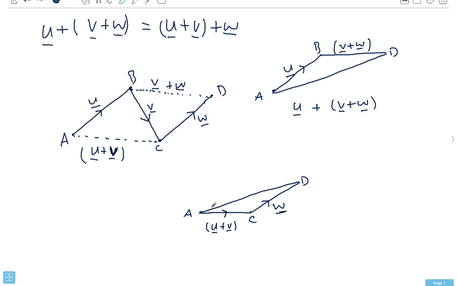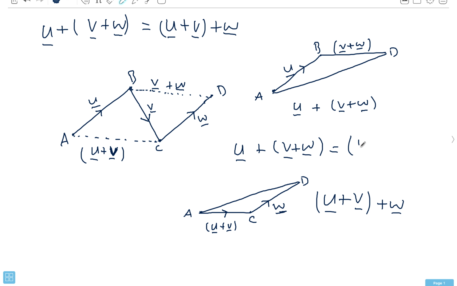Then by the triangle rule, AD represents u plus v plus w. And since AD represents this free vector and AD represents this free vector, then they must be equal. So u plus v plus w is equal to u plus v plus w.